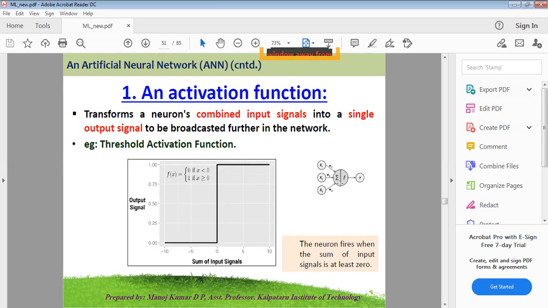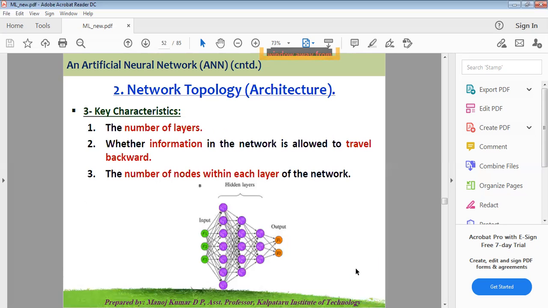Summation means sigma means summation, the sum of all the inputs. The sum of all the inputs we take as -10 to 0. To produce an output, how many outputs will you be getting? One output. That's why you see 0, 0, 0 given here: the inputs will be at ground level and the output will be at 1. Okay, so that is threshold activation. The neuron fires when the sum of the input signal is at least 0.